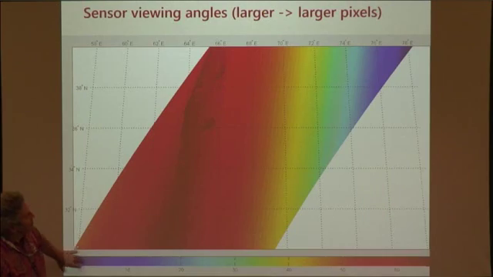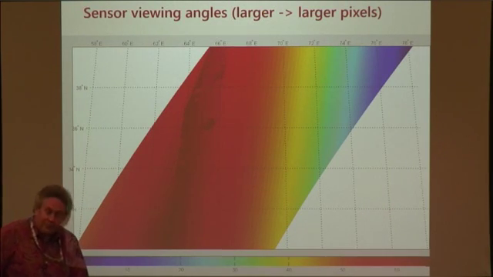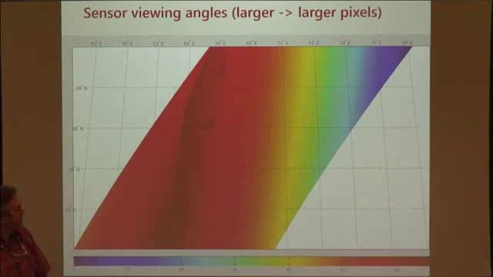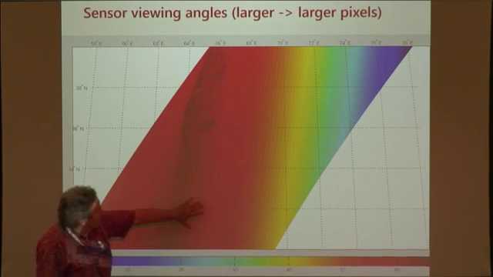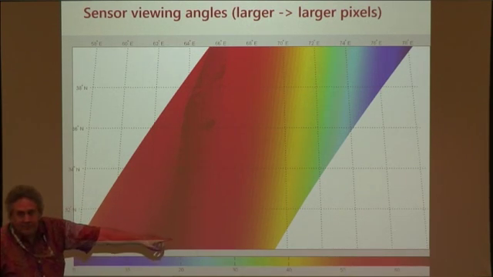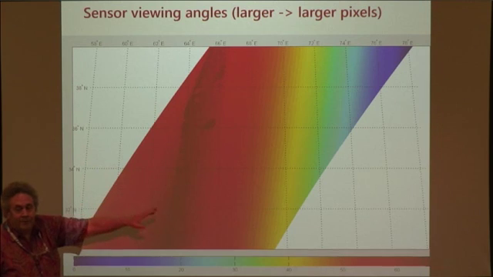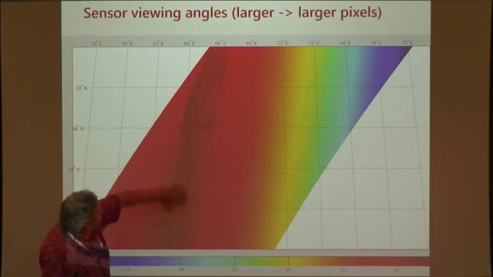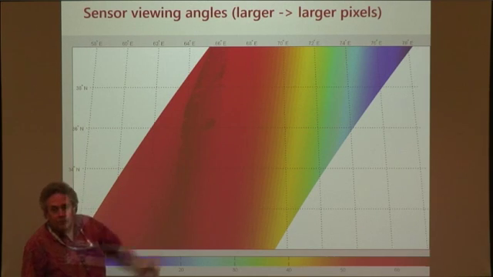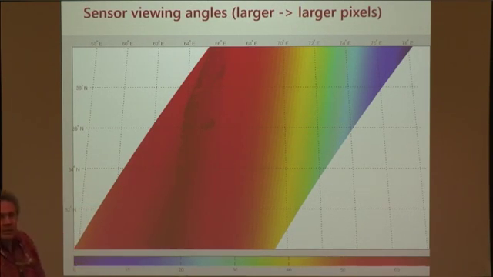Now, where it's blue, it means that place was right underneath us at this time of the orbit. Where it's red, we're up to 60 degrees or so off the zenith when we're looking at it. And this thing in the middle is where the two orbits were stitched together.